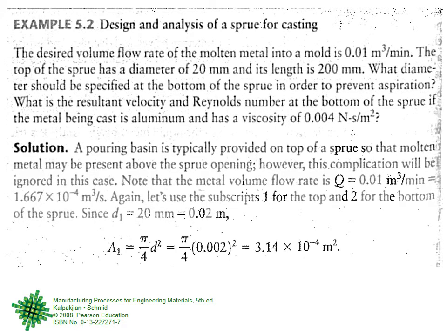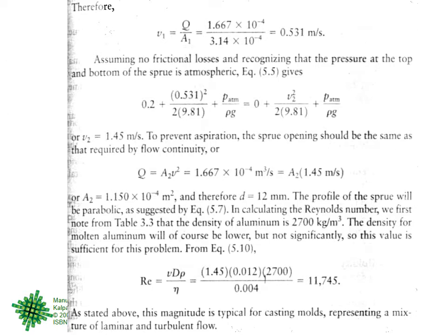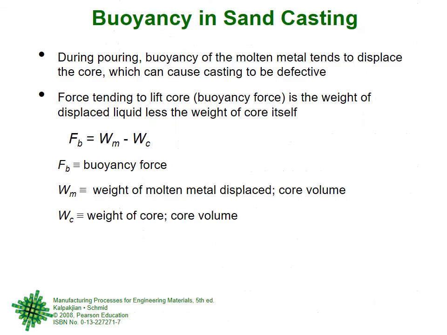So this is that example and all the values. We needed the volume continuity equation, we needed the Bernoulli equation, we needed the equation for Reynolds number, and so on.